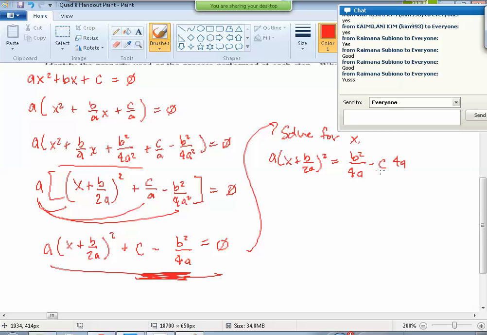Now, why would I do that? So that c times 4a, I can make it into a big fraction. Since there's two of the same ones, this becomes b squared minus 4ac all over 4a. Brandy, you look scared.